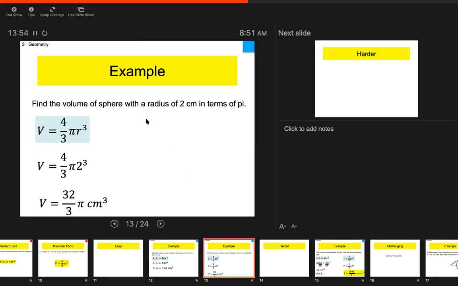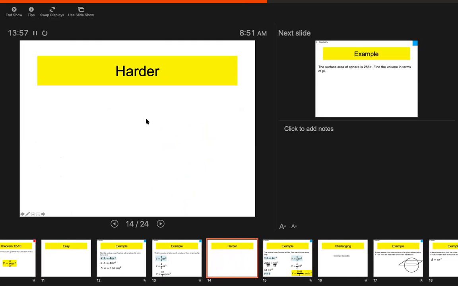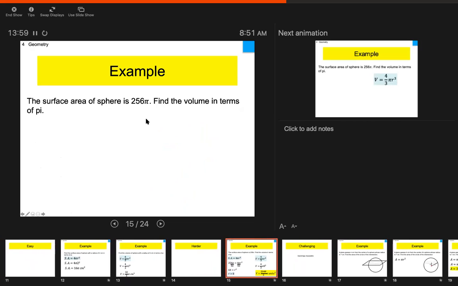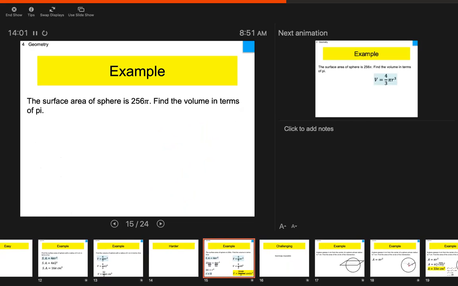All right. So let's do a more challenging one. It says the surface area of a sphere is 256 pi. Find the volume in terms of pi. So notice they're not giving you what you want, which is the radius here. I need the radius to calculate the volume formula. It's not giving me radius, but it is giving me the surface area.